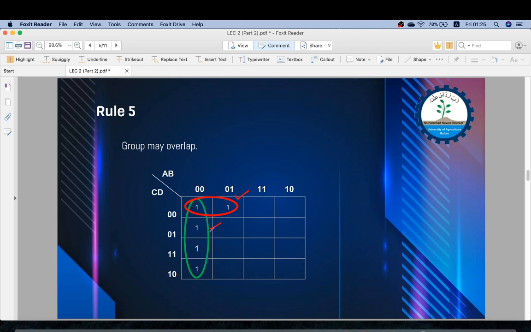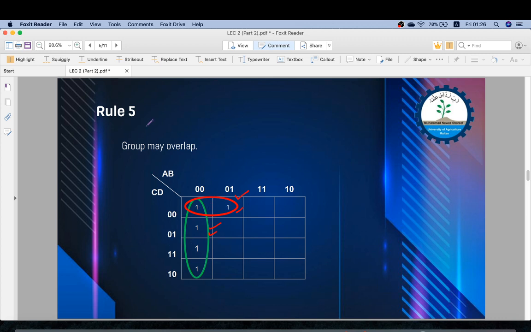When we make the 4-cell group, this one cell is left standing alone, and according to rule number 4, cells containing 1 must be grouped. We cannot leave this one alone. We have to merge it with another one so that we can have another group. That is called groups may overlap.